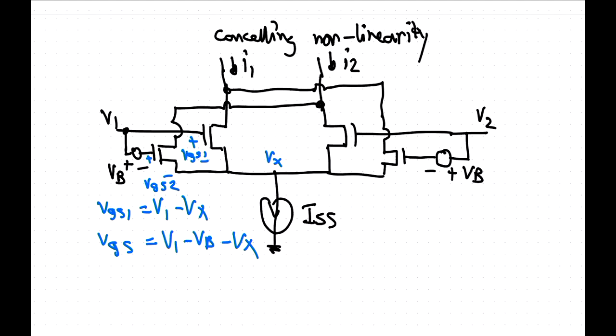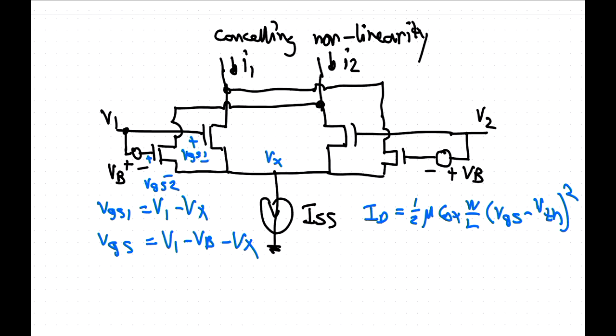We can find the same on the other side, and then we can find out using the drain equation, 1/2 mu Cox W on L times VGS minus the threshold voltage, squared like that.